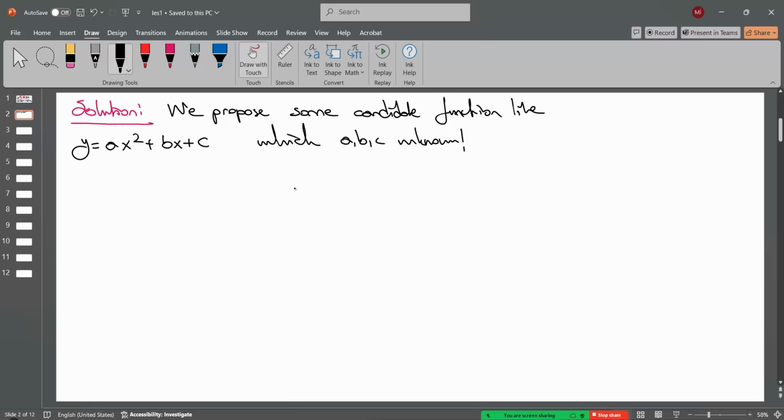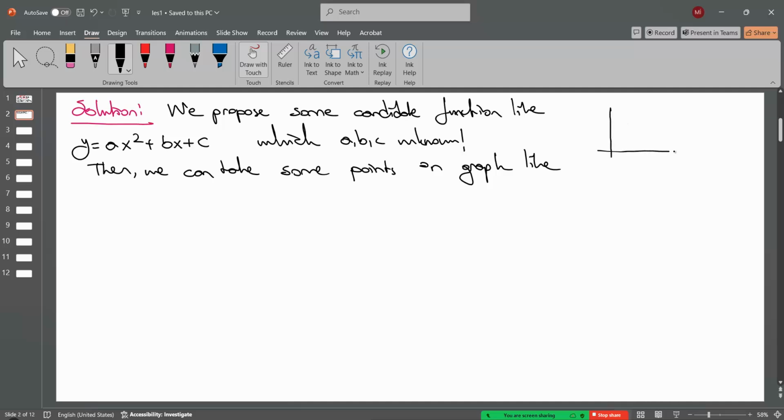And so, we can take some points on the graph, like for example, if we have any graph for a given data x and y, we can write that first of all y is equal to 0, and so a times 0 squared plus b times 0 plus c.